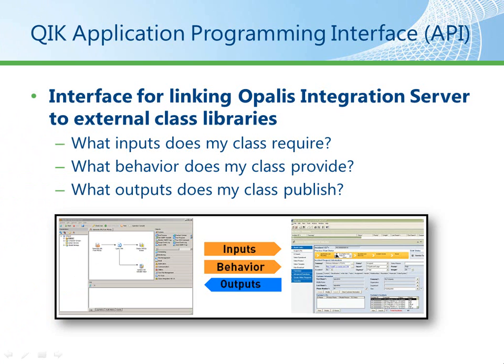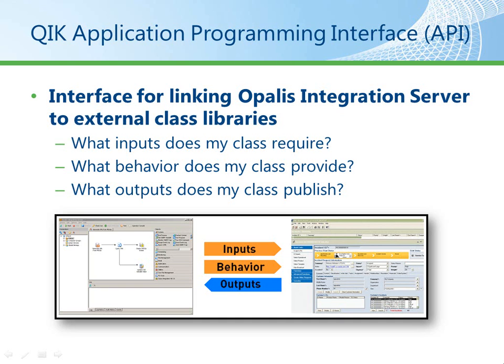So as we take a look at the QIK SDK, the first thing we're going to look at is the QIK Application Programming Interface, or API. This is the interface for linking Opalis Integration Server to external classes or libraries. There are three questions you're going to ask yourself when building out your integration pack, as it relates to how you're going to deal with the API. First question is, what inputs does my class require?